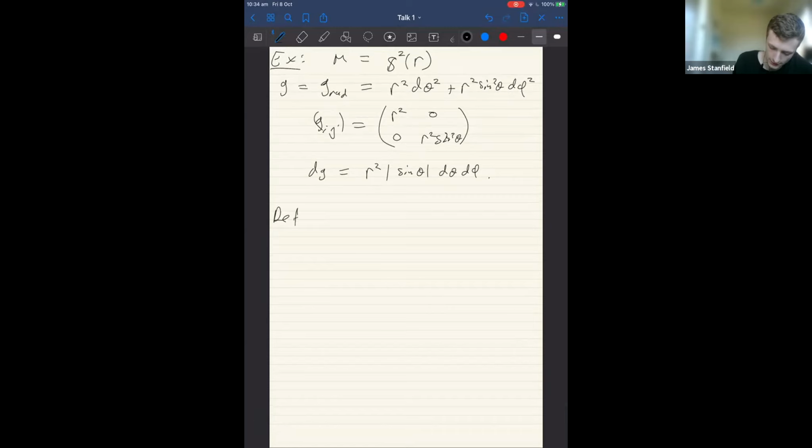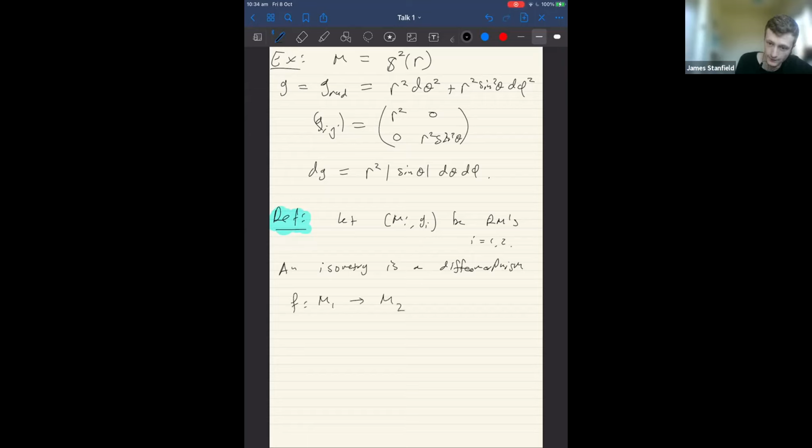All right. Another important definition. An isometry: so let M_i, G_i be Riemannian manifolds as well. Okay, so an isometry is a diffeomorphism, this just takes M1 to M2 such that G1 is the pullback of G2.